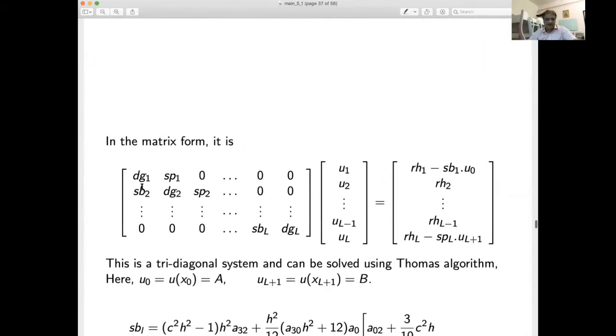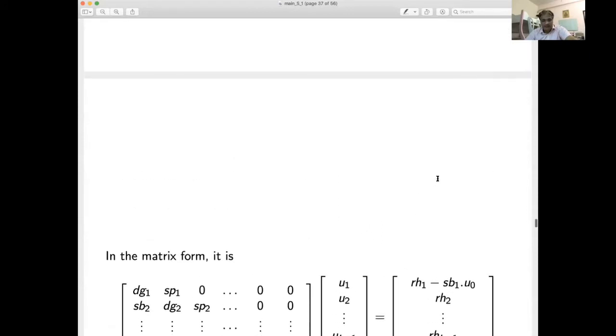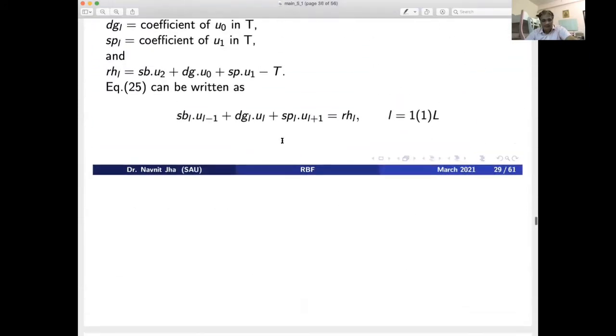So you will get this one basically. Please note that when you take L equal to 1, it is coming out to be sub 1 into U0.